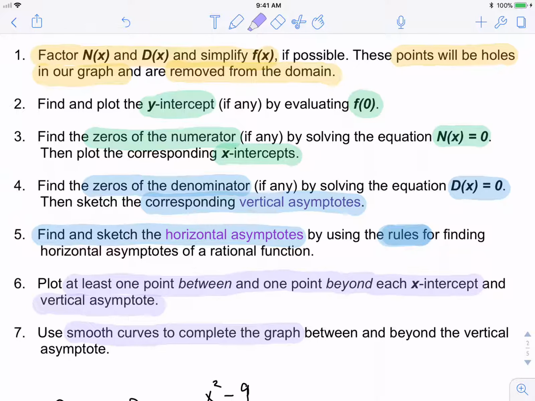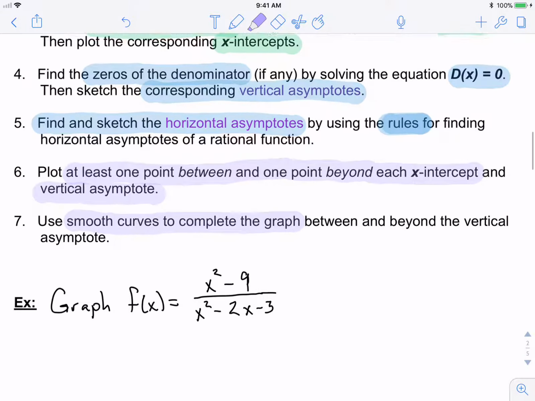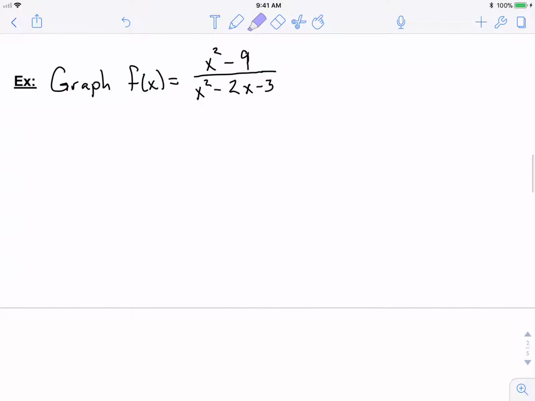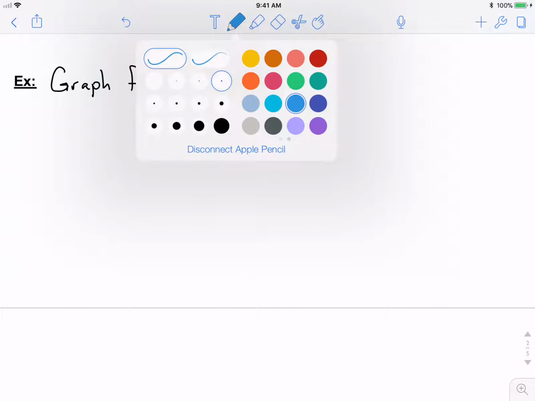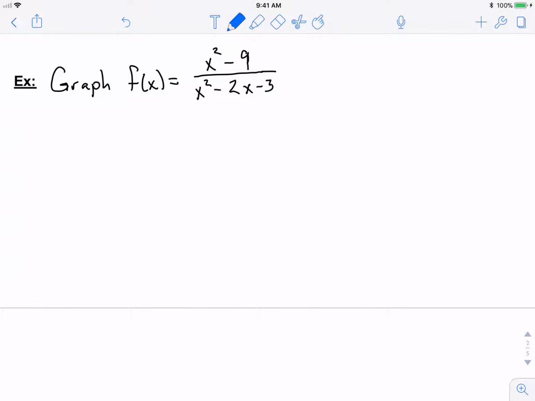So let's try these 7 steps in motion here. And we'll do it by graphing f of x is equal to x squared minus 9 divided by x squared minus 2x minus 3. All right. Step 1.